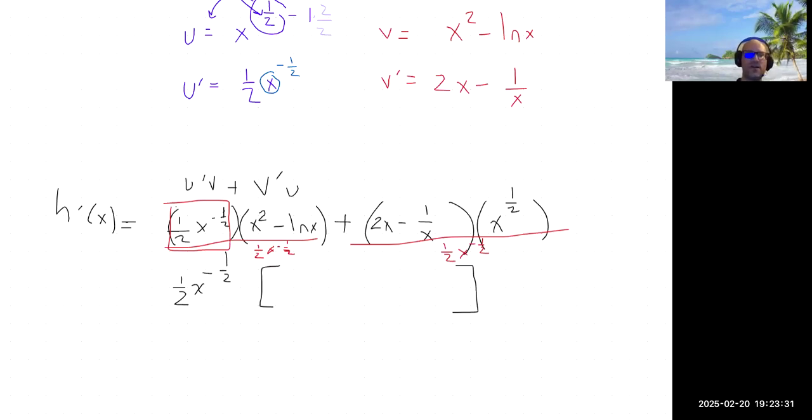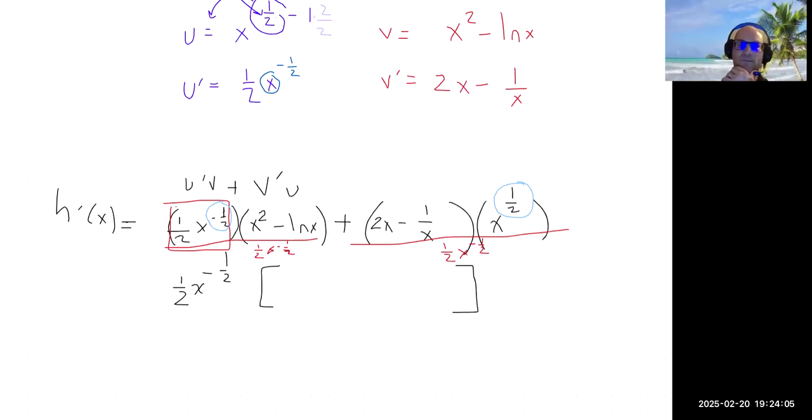Over here I see x to the negative 1/2, and over here x to the positive 1/2. The smaller of those two is the negative one, so that's what I'm going to factor out. And when I divide this, remember you're dividing by one half, so apply the keep, change, flip approach.